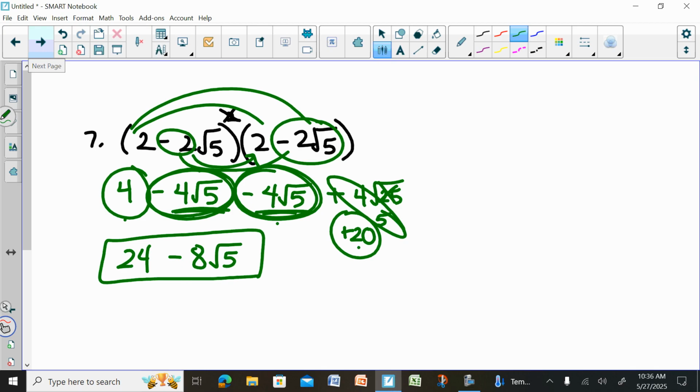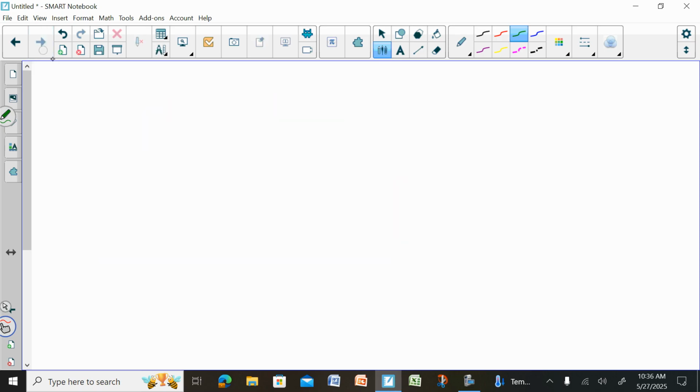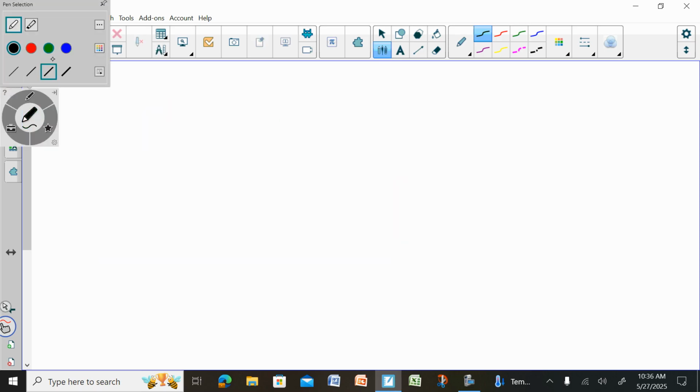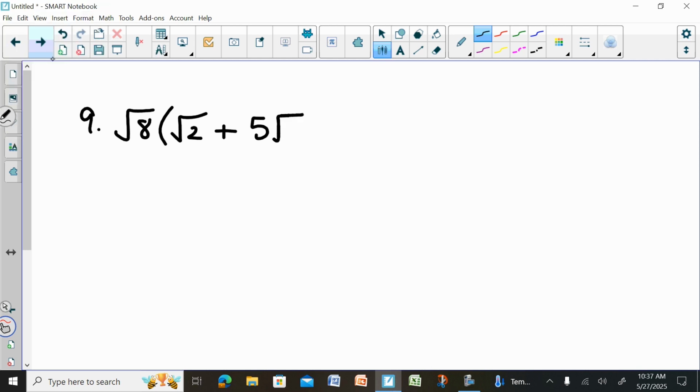All right, moving on to number 9, just going back to distributing a little easier again. It mixes it up, keeps you on your toes. Root 8 distributed through root 2 plus 5 root 8. So when we do this, root 8 and root 2, they're both inside, root 16. Root 8, remember there's a 1 out in front.